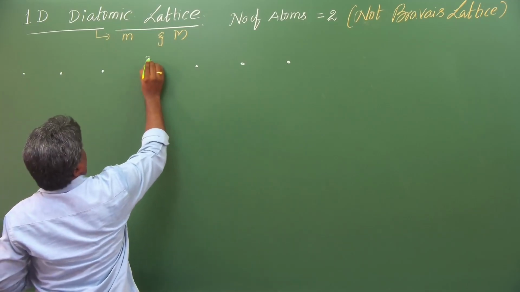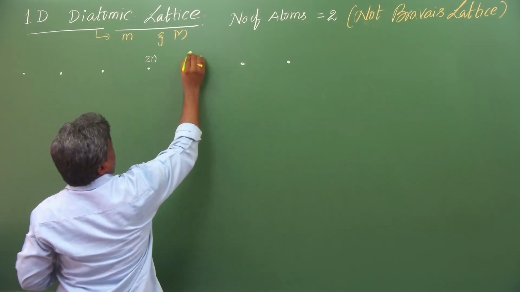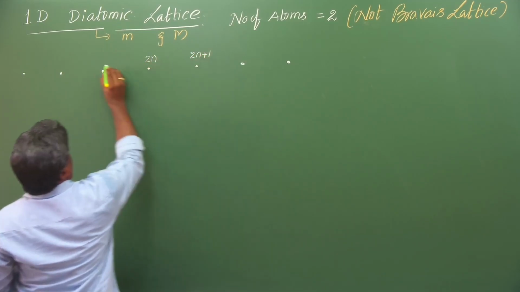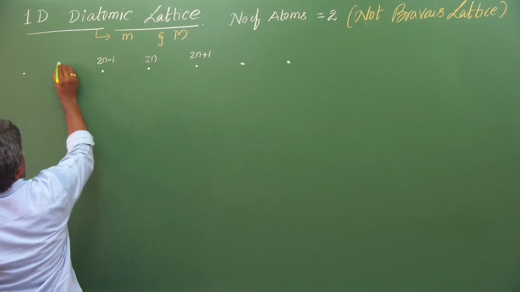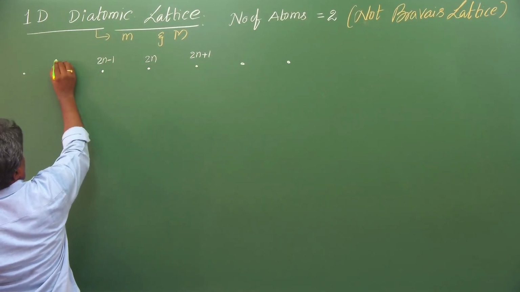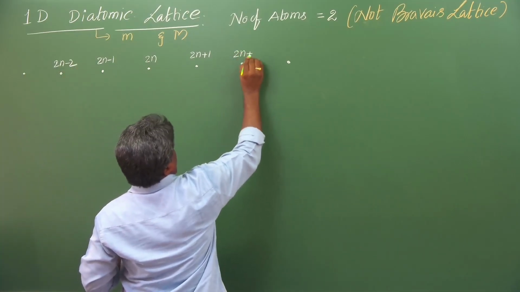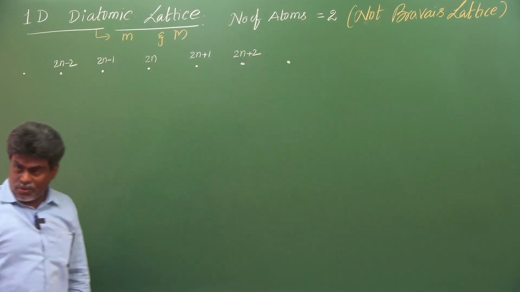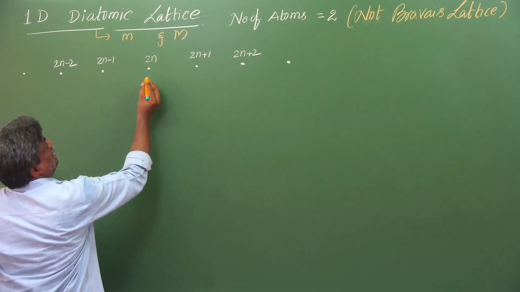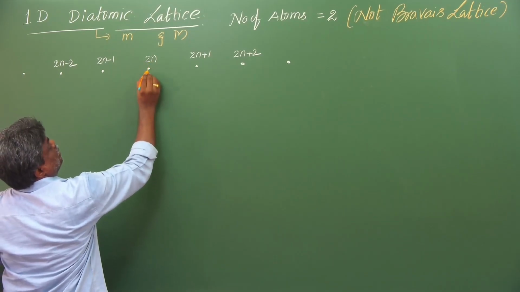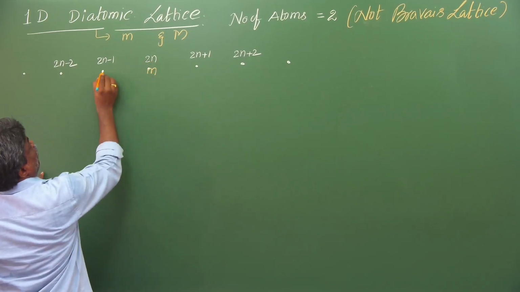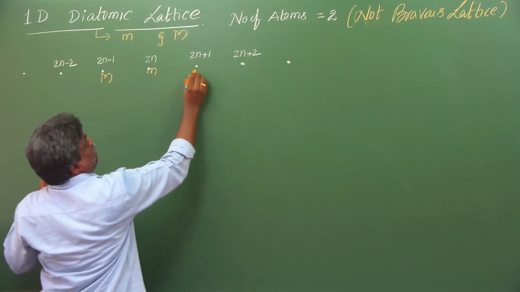This is the even lattice points. That's why this is odd, and this is also odd, and this will be even, and here again even, something like this. Is it okay? Now I am considering at even lattice points you have small m, at odd lattice points you have capital M.